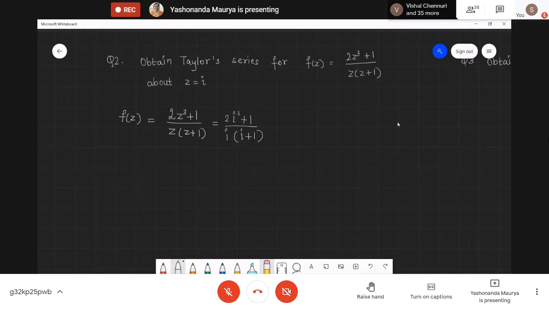So what do we do with this one? We want a series expansion. So what next? What we have done is we have actually evaluated this expression, which is nothing but f of i. In place of z we have substituted i.